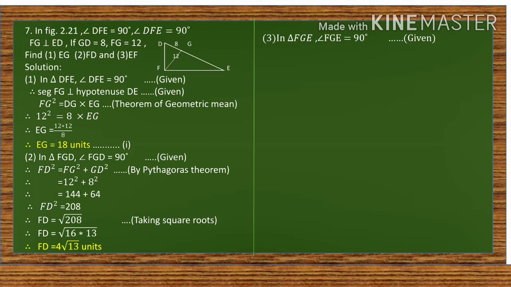Now third one, we have to find EF. So we will consider triangle FGE. In triangle FGE, angle G is 90 degrees, which is given. So we can use the Pythagoras theorem here. EF square is equal to EG square plus FG square. Now we know the value of EG; we found that in the first part. So EF square is equal to 18 square plus 12 square, which is 324 plus 144.